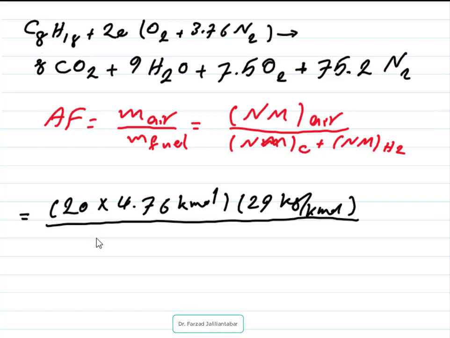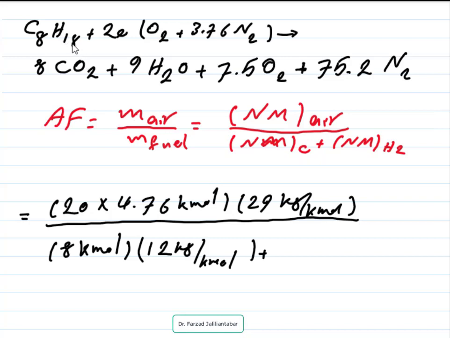For carbon, we have 8 atoms of carbon, so 8 kilomole times the molar mass of carbon, which is 12 kilogram per kilomole, plus, what about hydrogen?